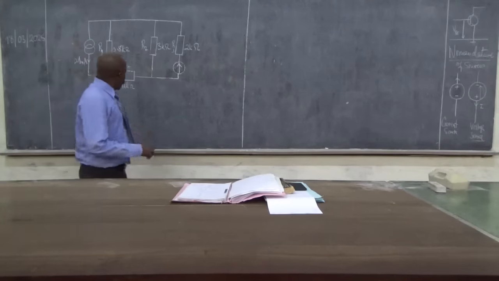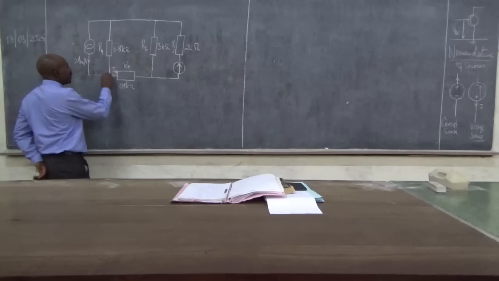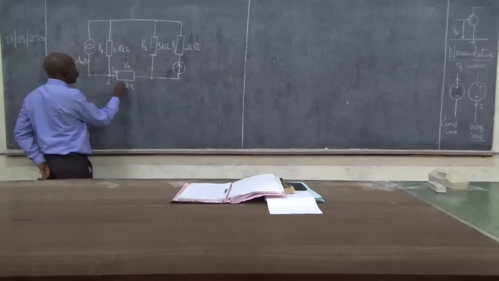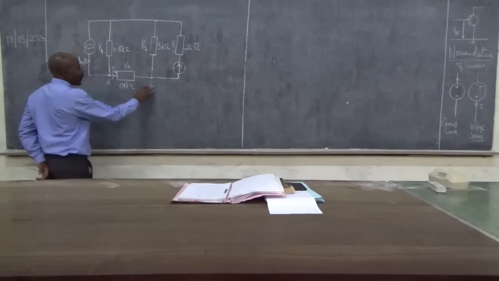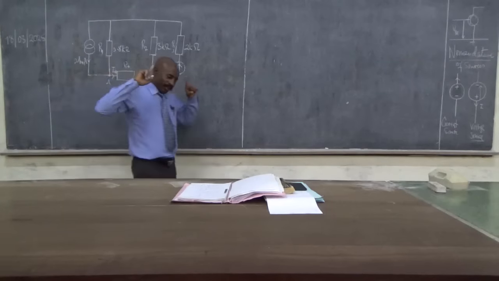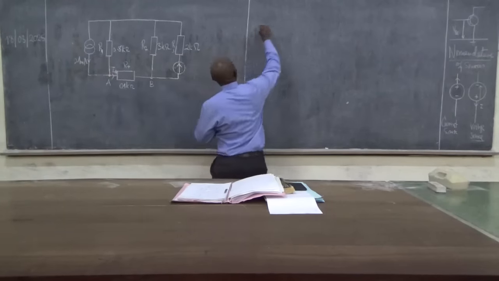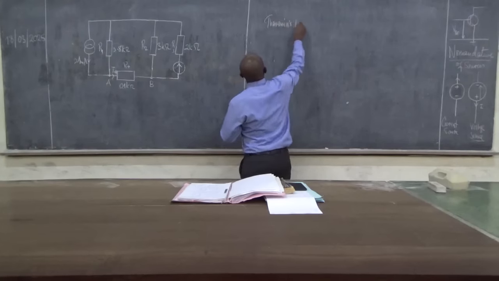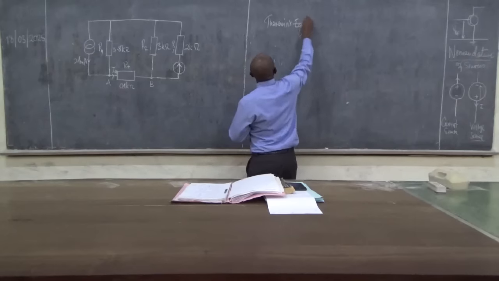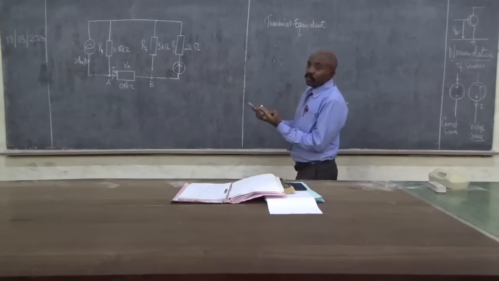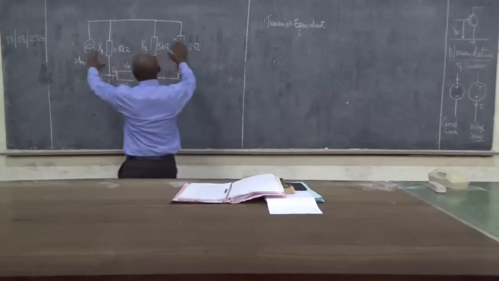Okay, so the idea is that we want to look for the current flowing across these 2 points A, B. And now, if we move to Thevenin's equivalent, that means that we have all this complex stuff.